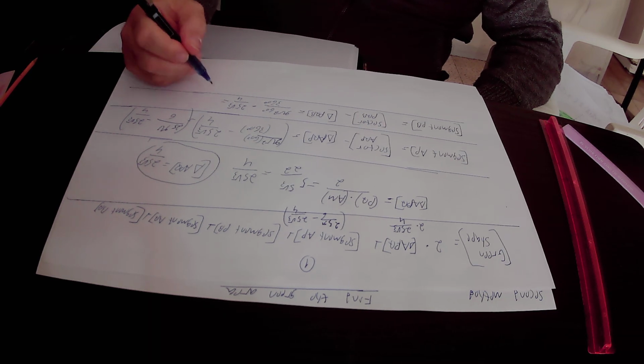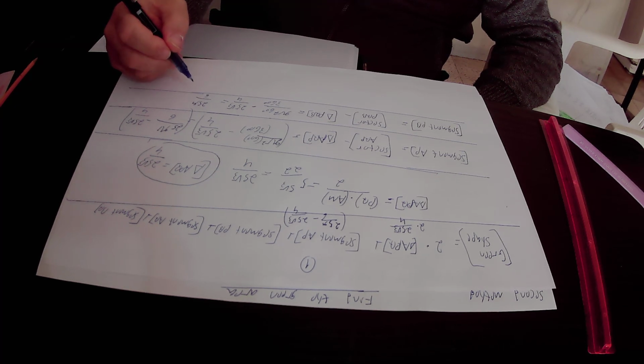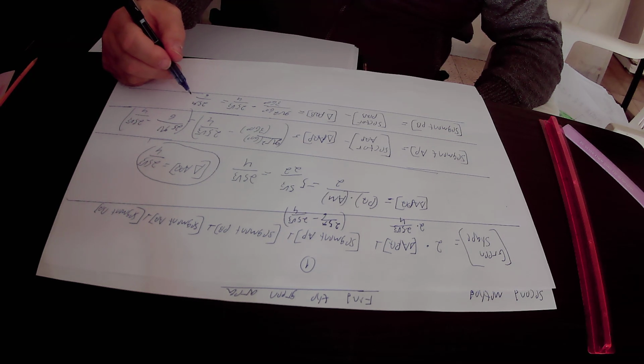In conclusion, we found out that the area of segment PB equals 25 pi over 6, because r equals 5, so r squared is 25.